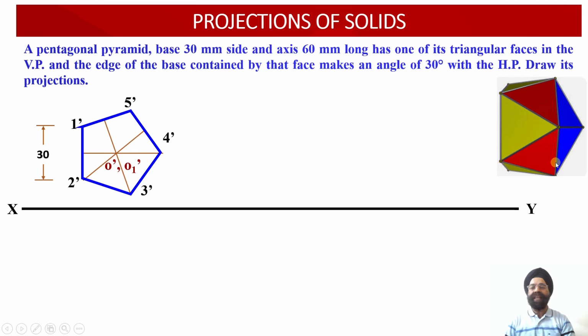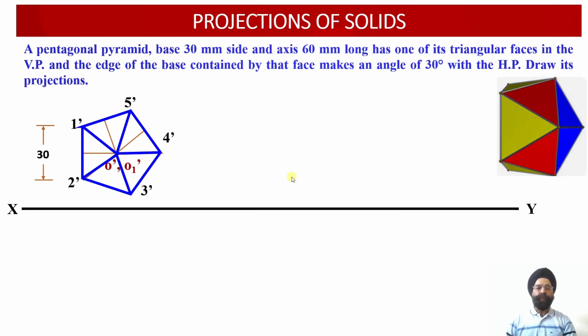There are 5 slant edges which will be visible to the observer when the observer views this pentagonal pyramid from the front view over here. So now we need to join O dash with 1 dash, O dash with 2 dash, O dash with 3 dash, O dash with 4 dash and O dash with 5 dash over here.